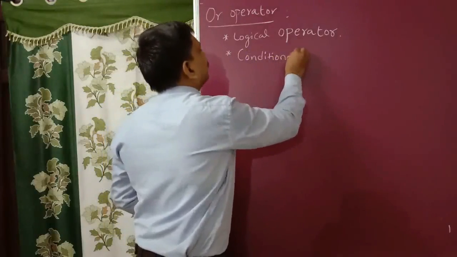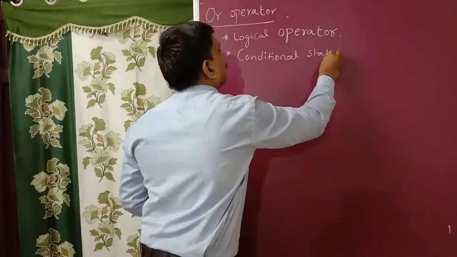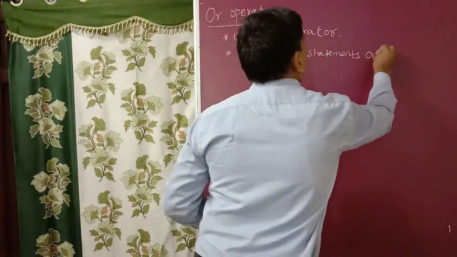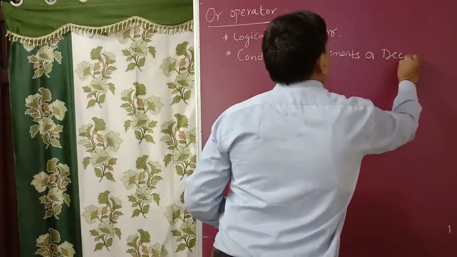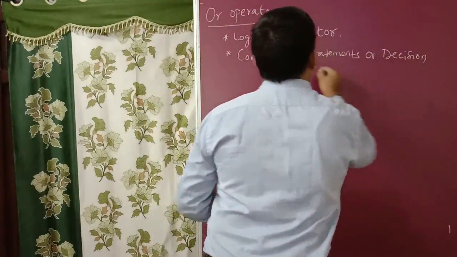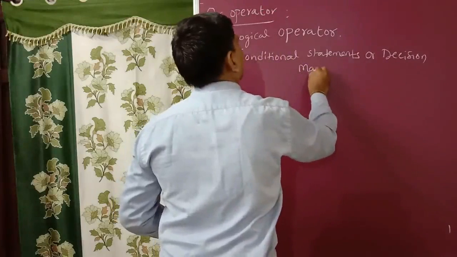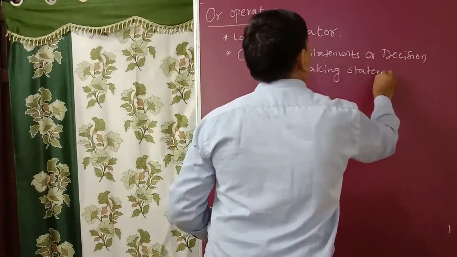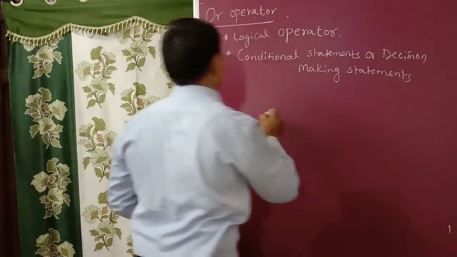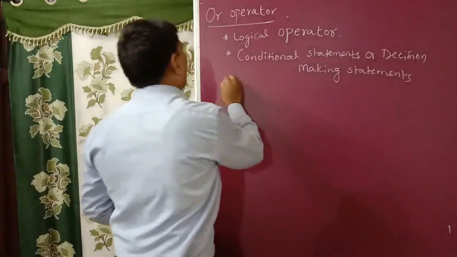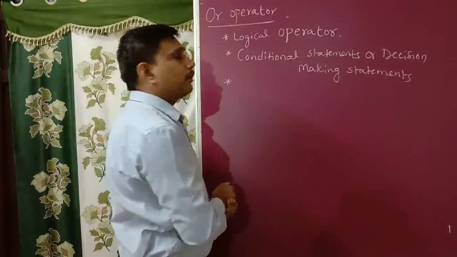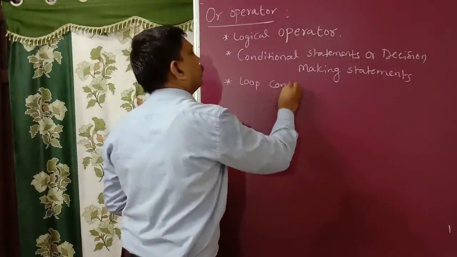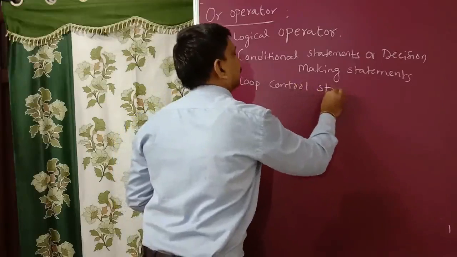Conditional statements are decision making statements. The and, or, not logical operators are used in decision making statements and in loop control structures.